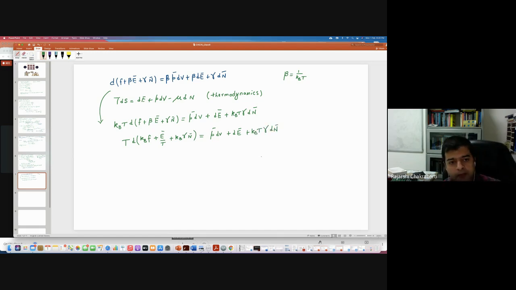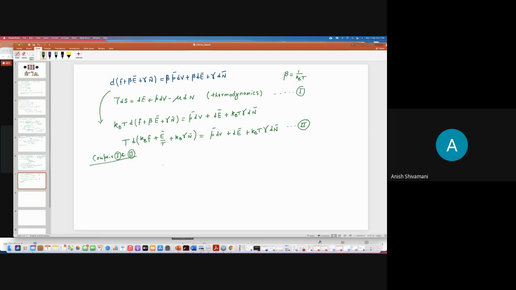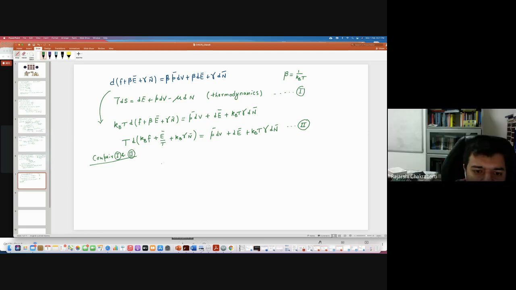Now you compare this equation and this equation, equation number 1 and equation number 2. If you compare these two, what am I going to get? You have to integrate, but I'm just integrating with the integration constant 0.